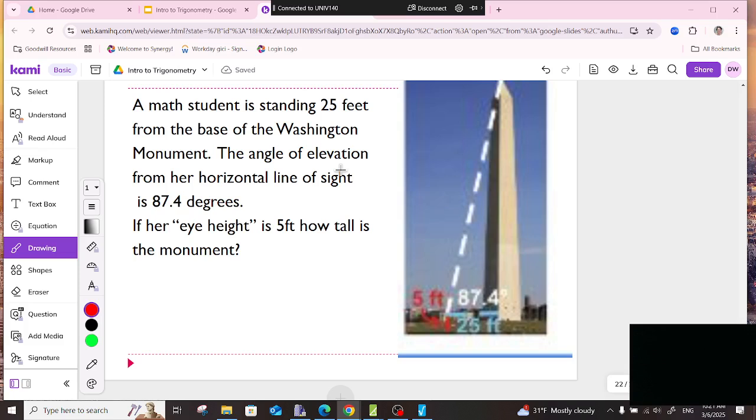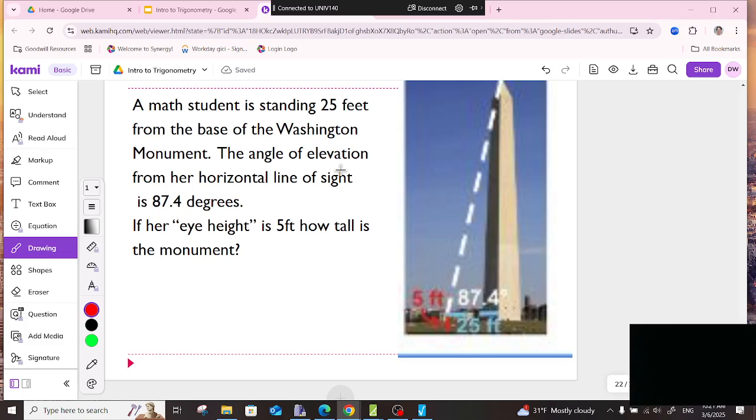We will make, with a protractor and a weight, how to calculate angle of elevation when we go outside, okay? And that's why we'll need to do this in groups. Her eye height is 5 feet.